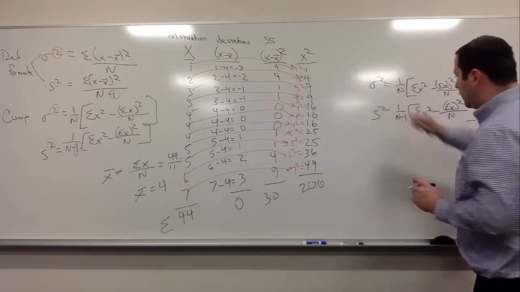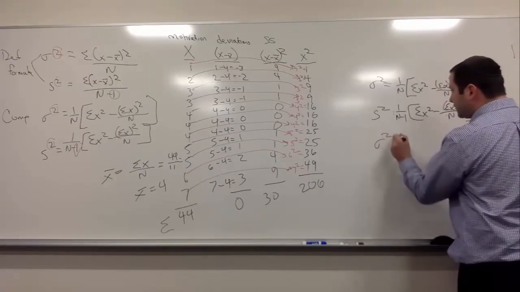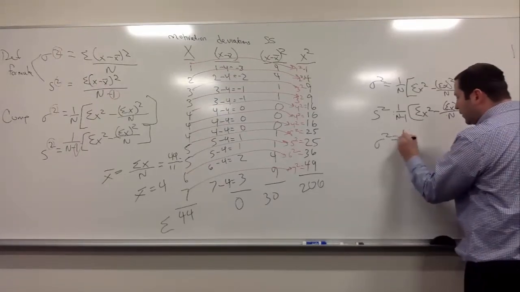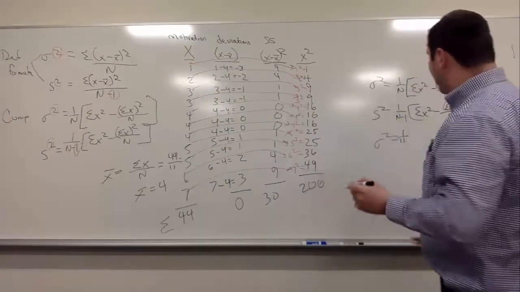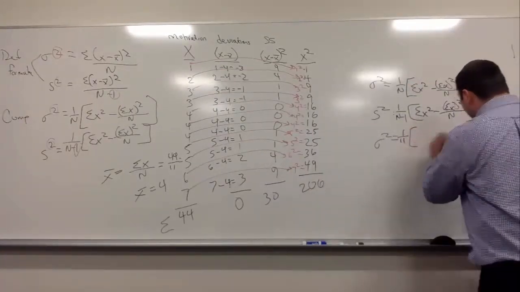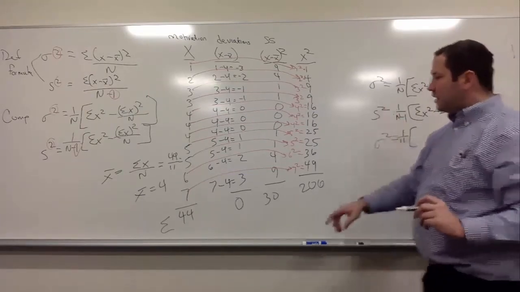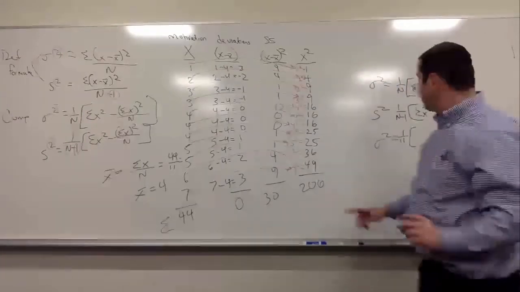With the first one, the population variance, 1 over n is 1 over 11, because n is always 11. It remained 11. And we're going to start plugging in these numbers. What was the sum of the x squared column? It was 206.